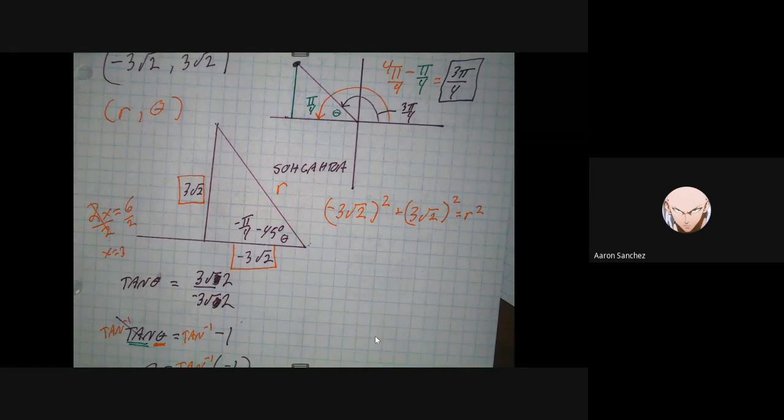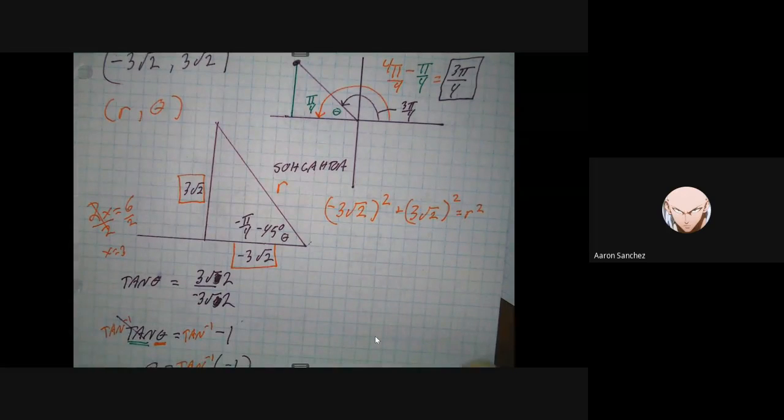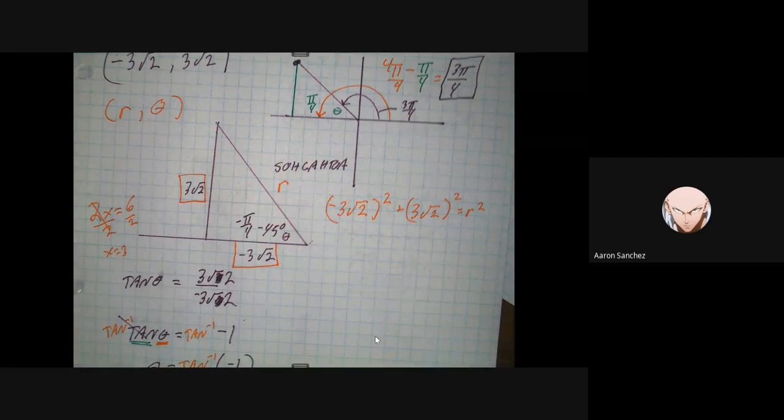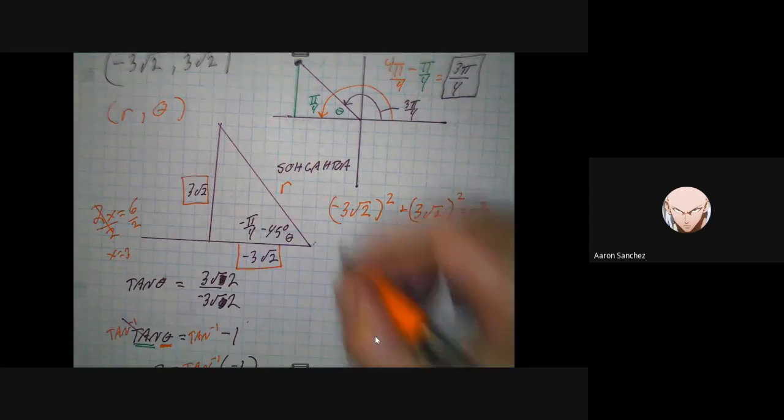Okay. You guys good? So negative 3 root 2 squared. Oh, you guys already solved it. But I guess we should say, negative 3 root 2 squared is what? Well, remember, a negative times a negative is a positive, right? So negative 3 times negative 3 is positive 9.